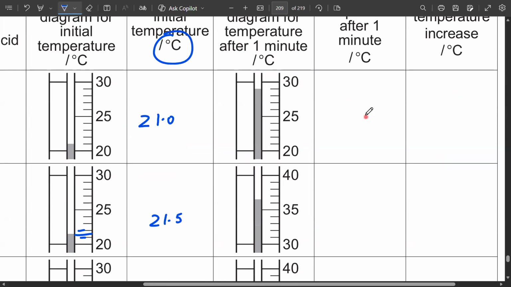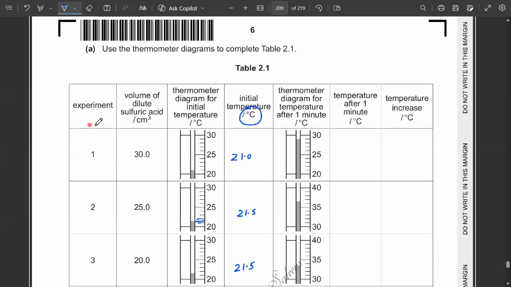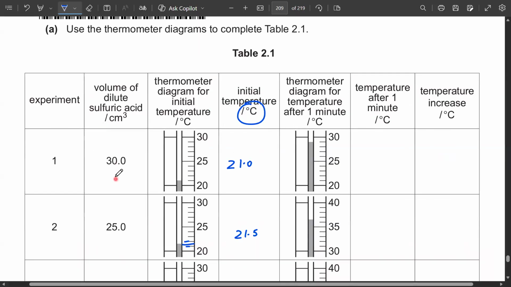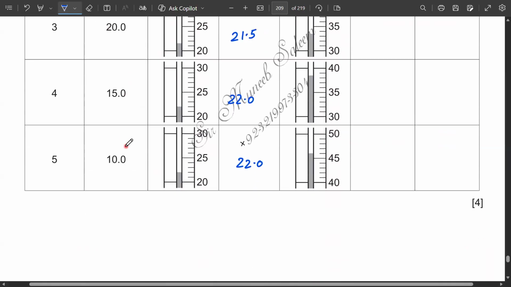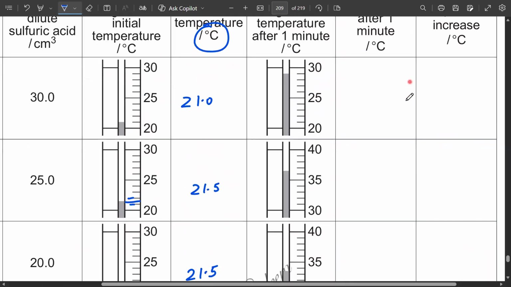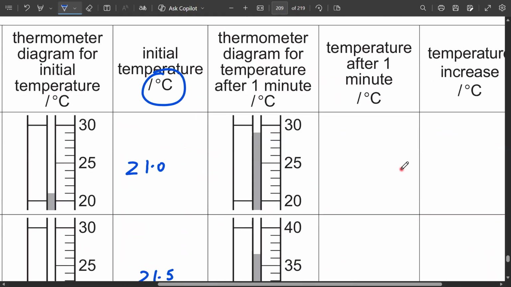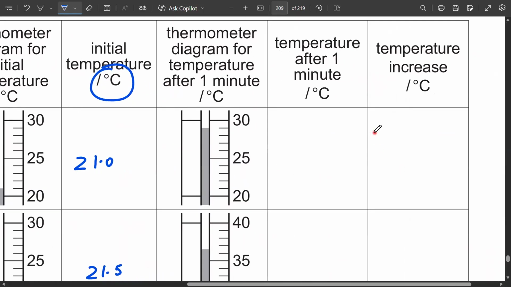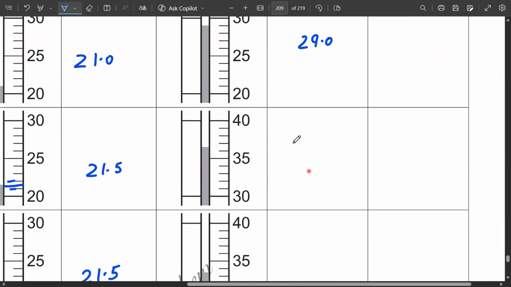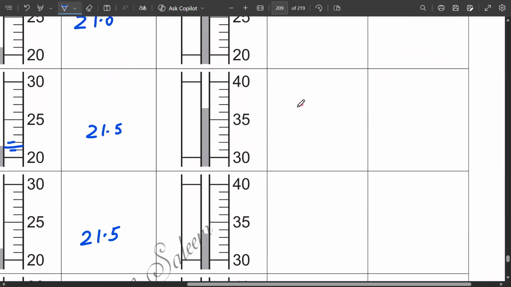Now these can change because for every experiment you are basically using a different volume of the sulfuric acid. That's why the final temperature will vary every time. Now here we have 29.0. This one is 36.5.